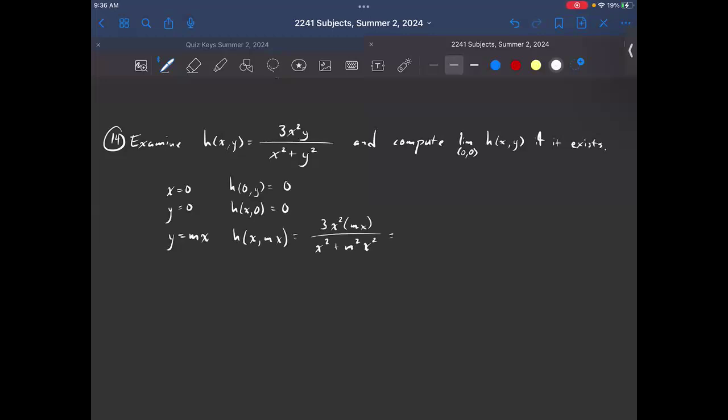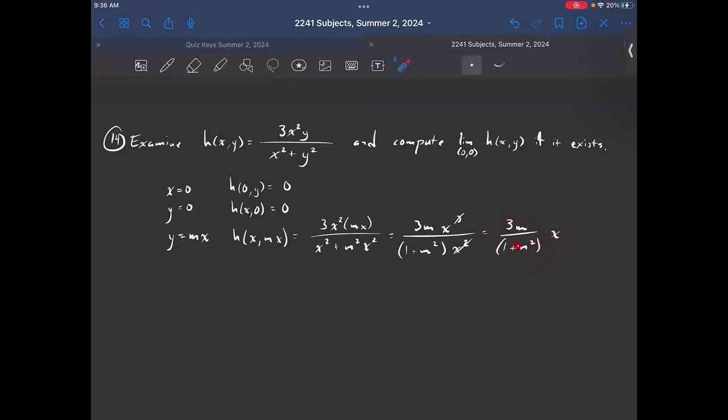All right, simplify that a little bit. We have 3mx cubed over 1 plus m squared x squared. Okay, and so this is an x cubed over an x squared thing, and that becomes just a linear function. Sorry, my m's don't look great there.